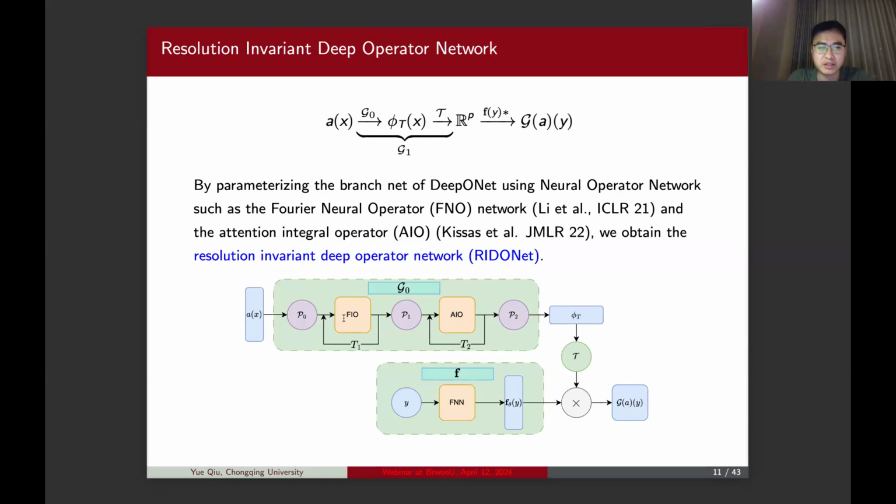Why do we use both here? Just because when we ran the numerical experiments, we found that by using either the Fourier integral operator or the attention integral operator alone, there are always some features missing, especially when we use low resolution data for training and predict for high resolution, the generalization error is a little bit higher.